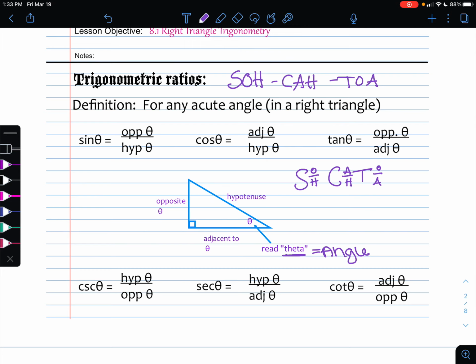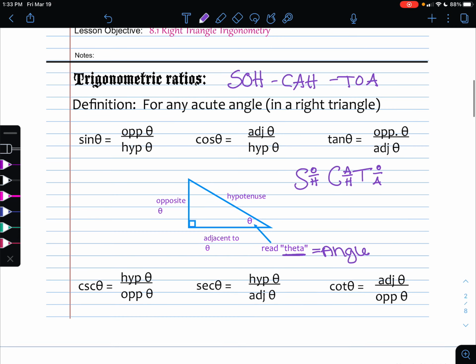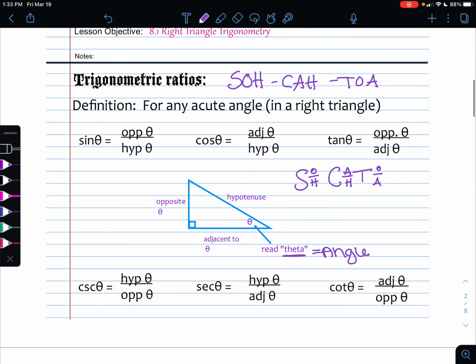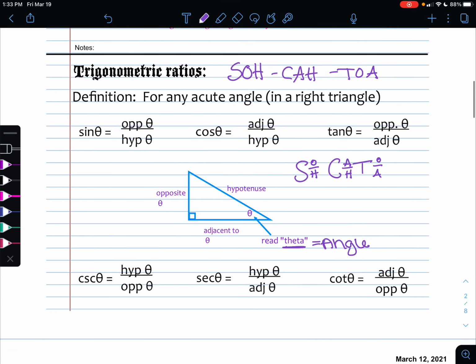Okay, so how do I remember which side is which? You can't see me touching it, but I have my finger on theta right now, and I am touching 2 sides. So the hypotenuse is always across from the right angle. And we know it's the right angle because it has that box in it, right?